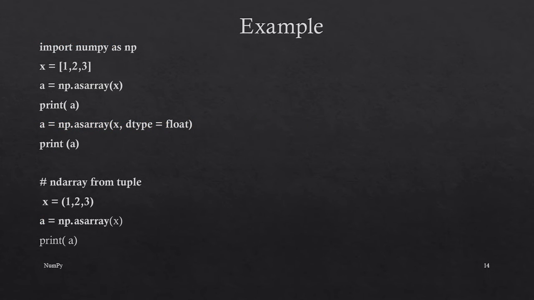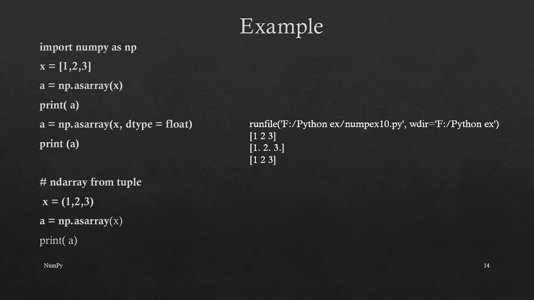How to create an array from a sequence. For this, again, we have to import the package numpy, and I've declared x, which is a list, and created an n-dimensional array from this list. So print a will print the array. In the next example, a is equal to np.asarray(x, dtype=float). The data type of this array is float. So see the result.